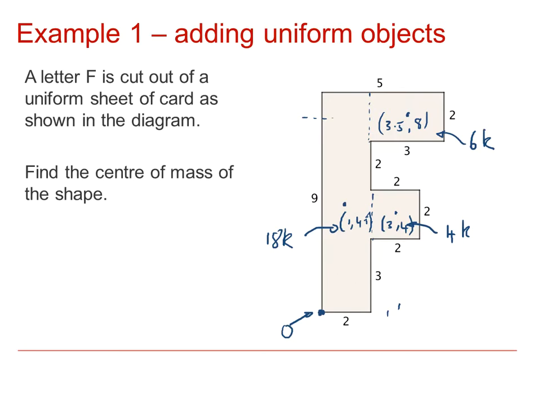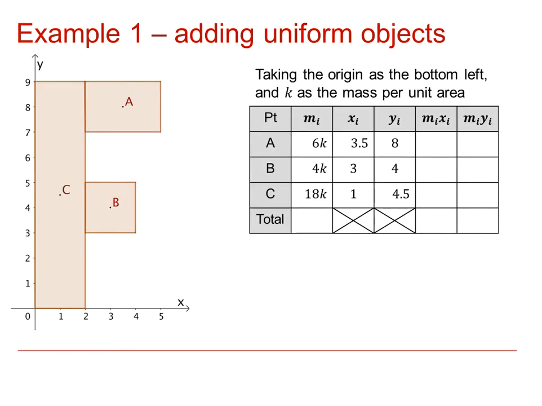So now we've got all the information we require to be able to calculate the center of mass of the composite body. The easiest way of doing this is to put this information into a table. So here it is in a table, and once we've got that, it is equivalent to having a system of 3 masses with known positions.